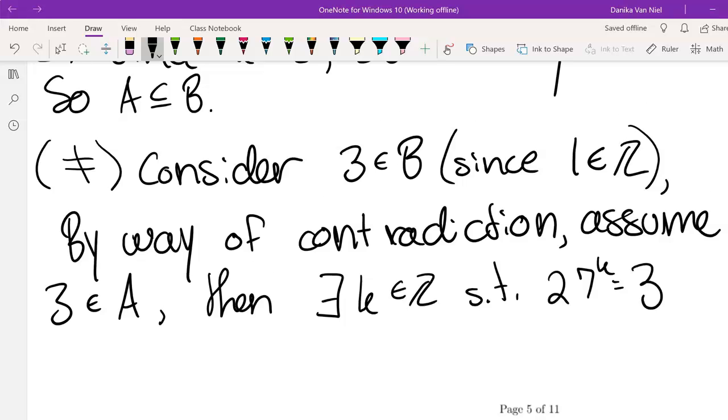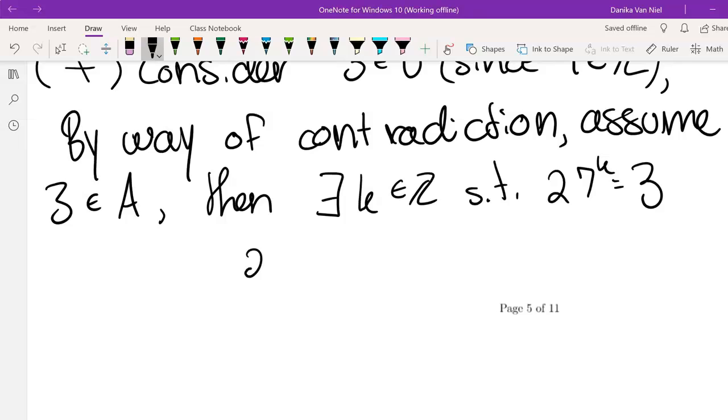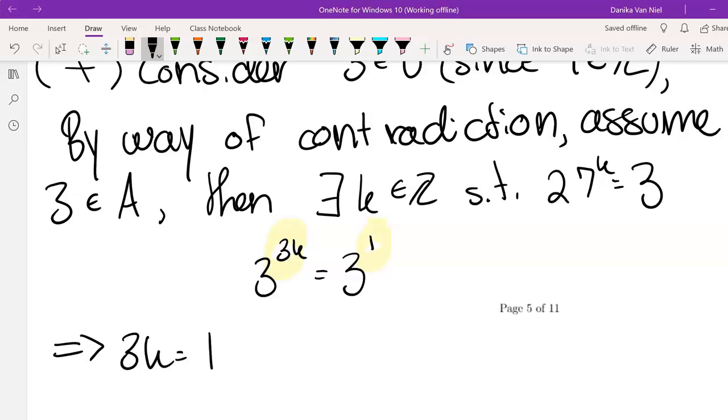Okay, so now we're going to do some of the math that we did above. So we have 3 to the 3k equals 3. Well, something we could do is ln both sides, or we could just look at this and say, okay, then their exponents would have to be the same. So then 3k equals 1.